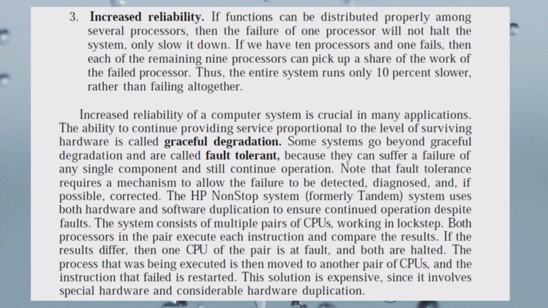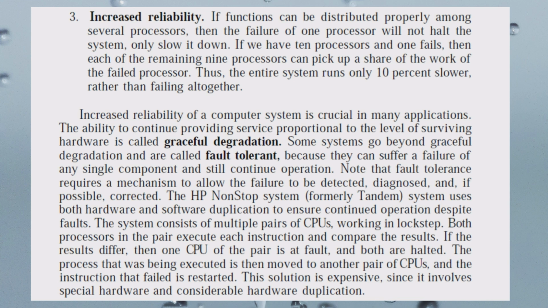Some systems go beyond graceful degradation and are called fault tolerant because they can suffer a failure of a single component and still continue operation. Note that fault tolerance requires a mechanism to allow the failure to be detected, diagnosed, and, if possible, corrected. The HP NonStop systems use both hardware and software duplication to ensure continued operation despite faults. The system consists of multiple pairs of CPUs working in lockstep.